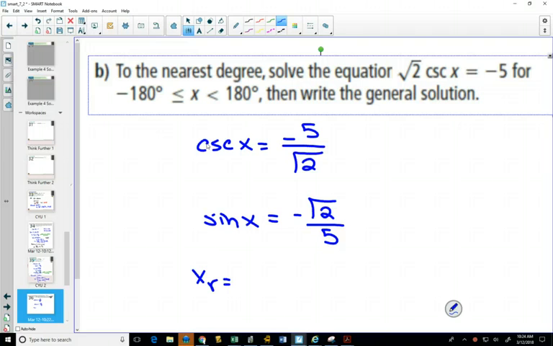And this question is in degrees, so we have to go to our mode button on our calculator and make sure that we're in degrees. So now when I do sine inverse of the square root of 2 divided by 5, I get a reference angle of 16.4. It says to the nearest degree, so I'll round that to 16 degrees.